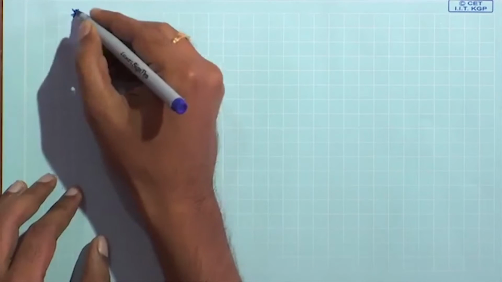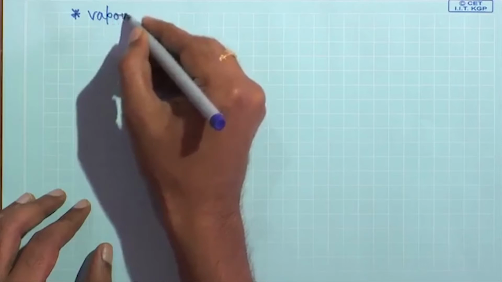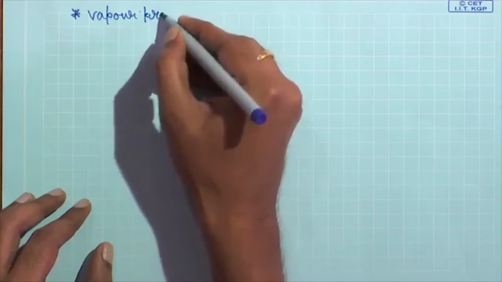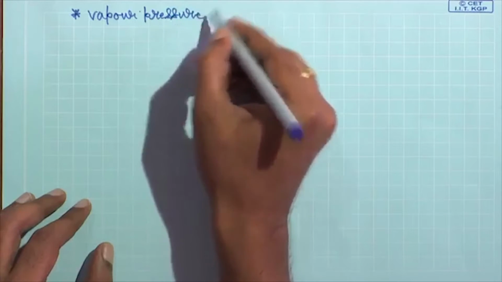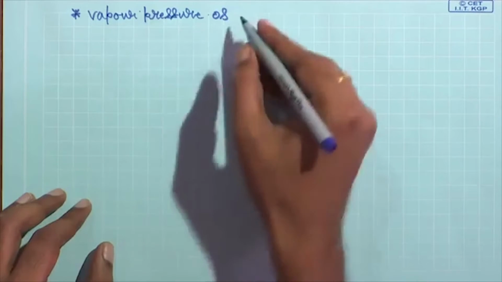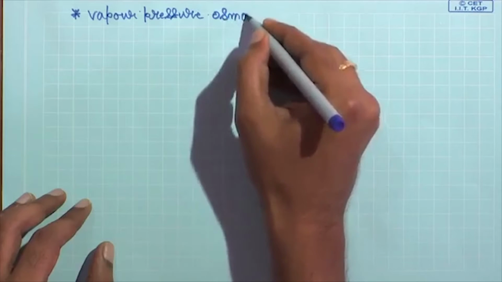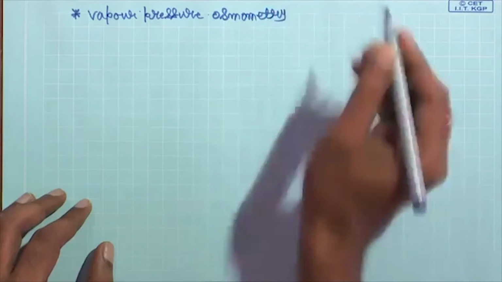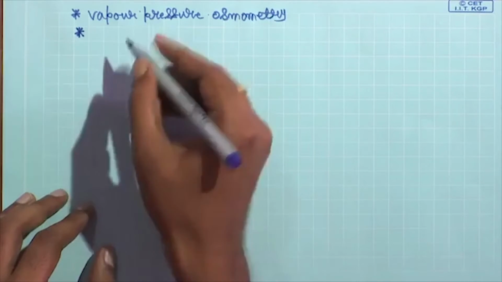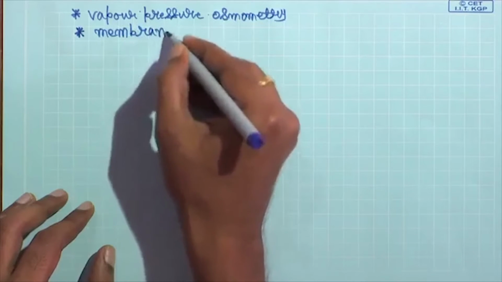So, we can have experiments that measure changes in vapor pressure, vapor pressure osmometry, and we can have membrane osmometry.